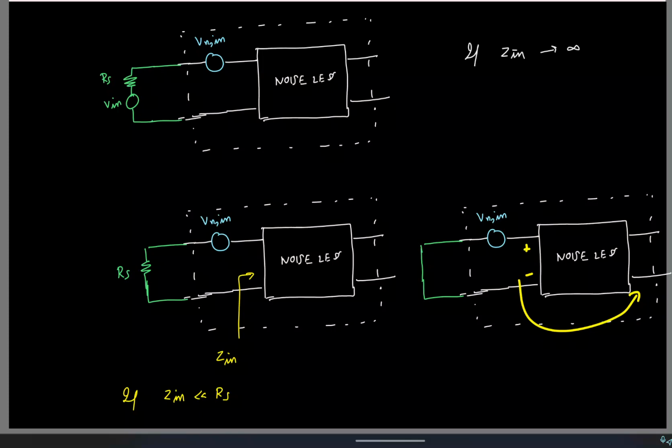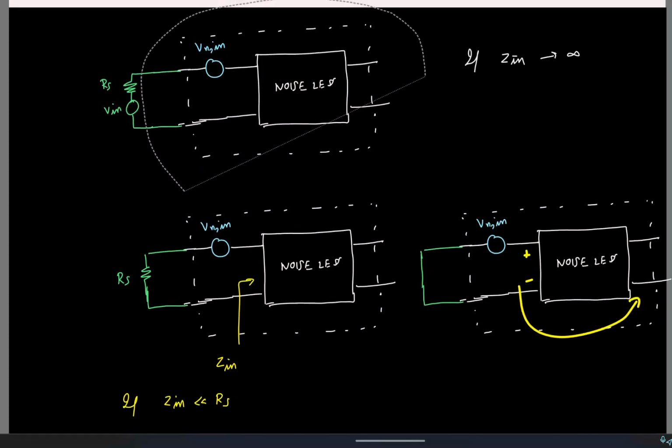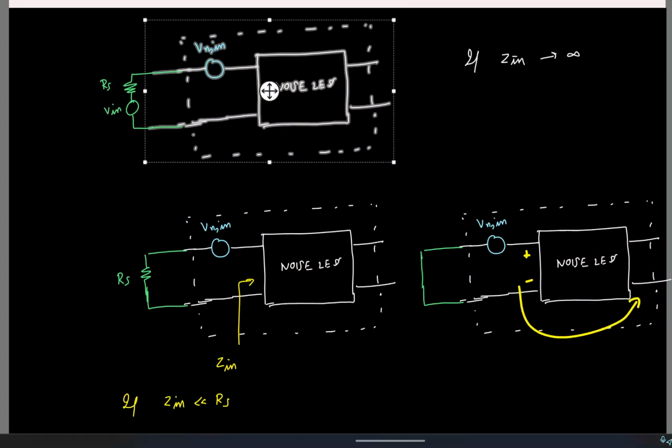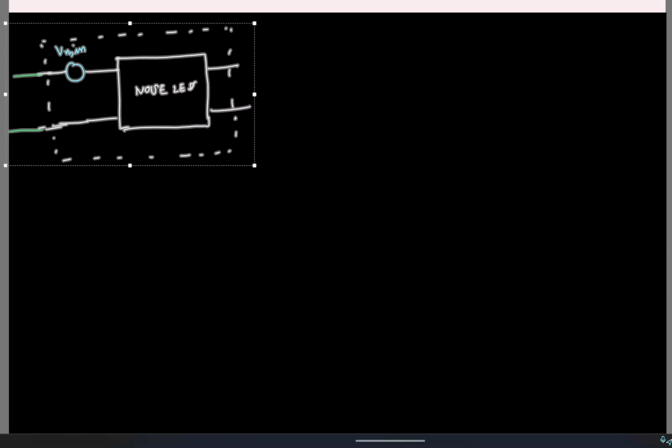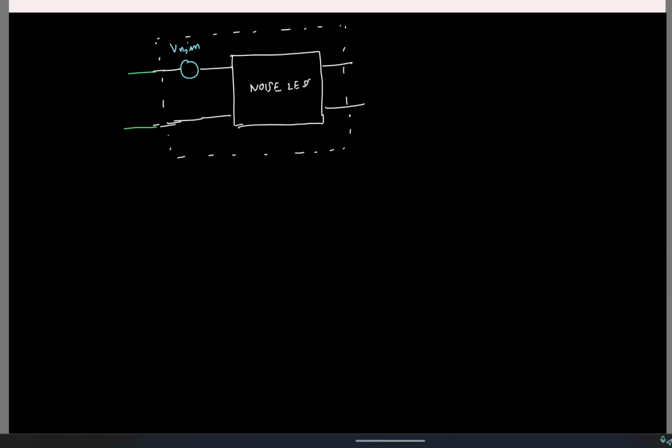So if that is the case, let me copy this. So modeling this noise using this voltage source alone is not enough. So we need to add something here. So what do you think we can do so that even if there is a very small input impedance, see now we can't just have this voltage source modeling the noise.